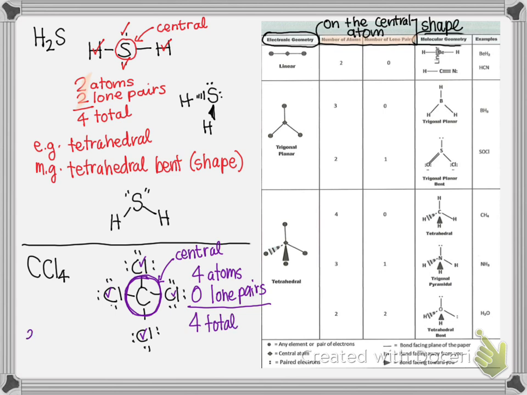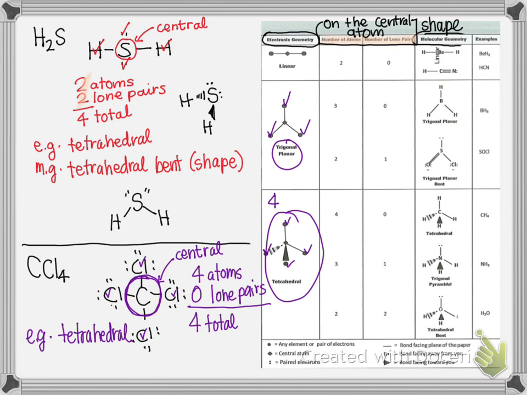If I was asked to find the electronic geometry, I'd need the one, anything with 4 is down here. This is tetrahedral. That's the electronic geometry. If you look above it, trigonal planar has 1, 2, 3 things around it.